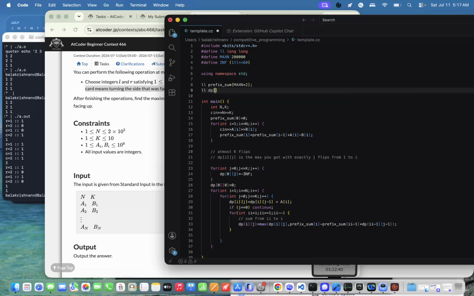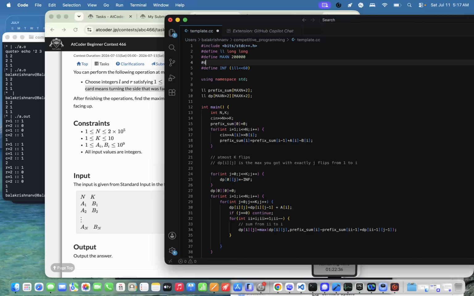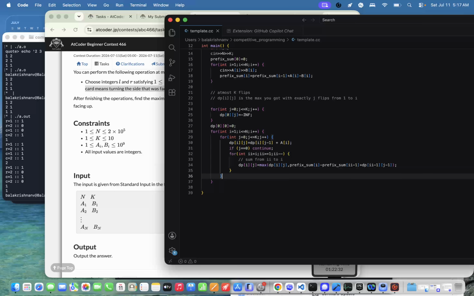So we have long long dp of MAXN plus 2, MAXK plus 2, and then we have hash define MAXK is 10. So we have all of these, and then finally long long ans equal to say minus inf, for int j goes from 0, j less than or equal to K, j plus plus, ans equal to max of ans comma dp of N j.